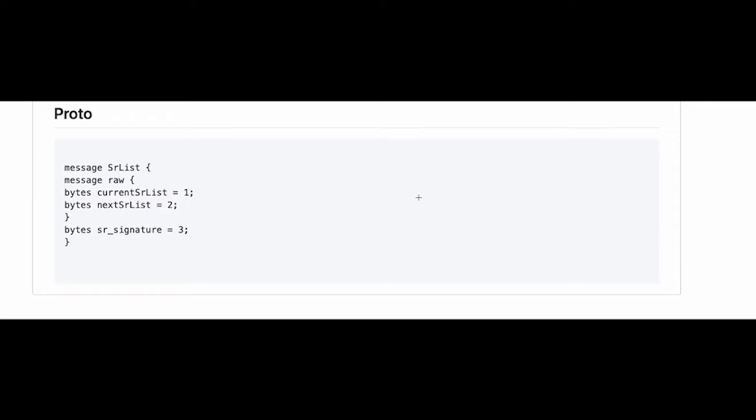The next SR list would be a string that binds aux1 and aux2 together, like aux1, aux2. Then you convert it into bits. That is how we do it.